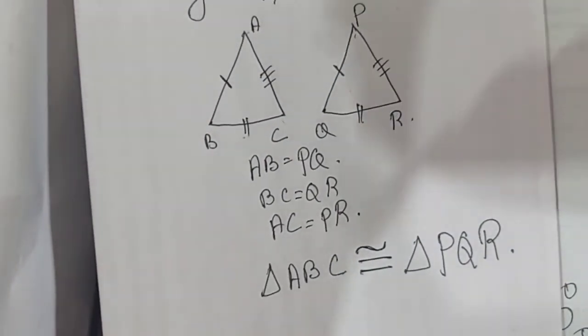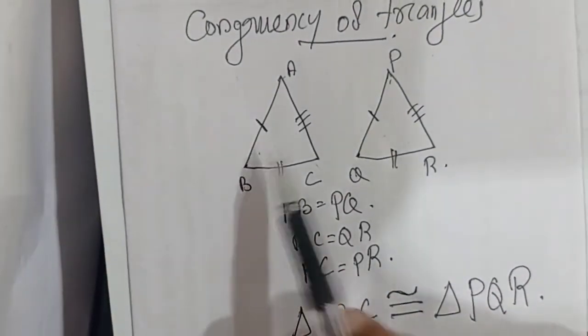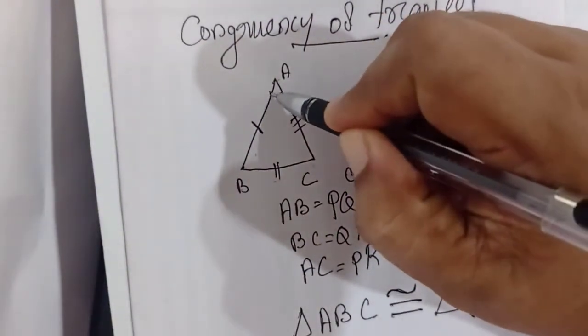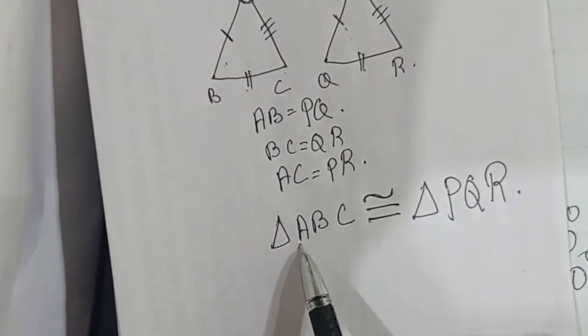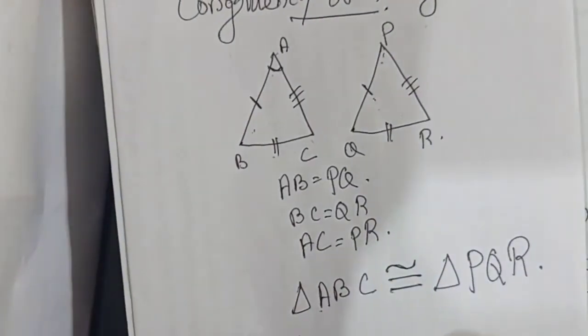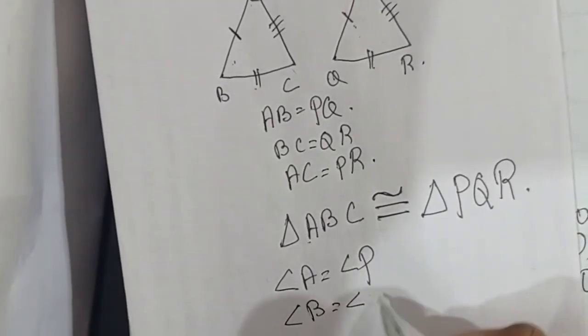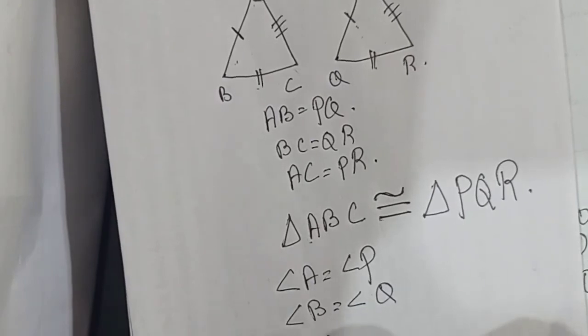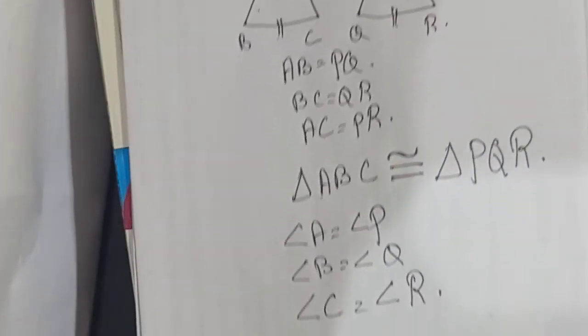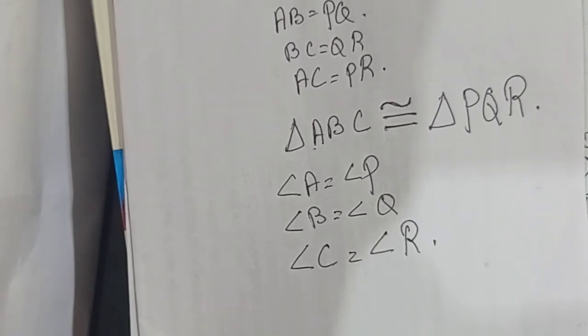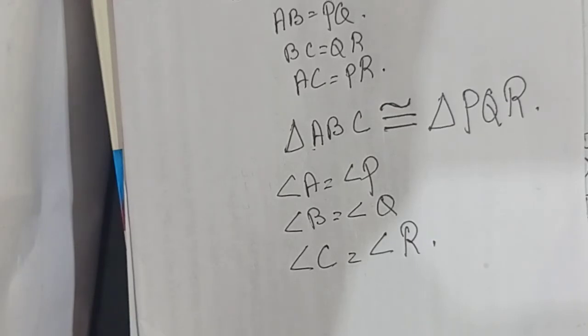If two triangles are congruent, then corresponding sides are equal and corresponding angles are equal. Here A is the corner angle, therefore angle A equals angle P. Then angle B equals angle Q and angle C equals angle R.